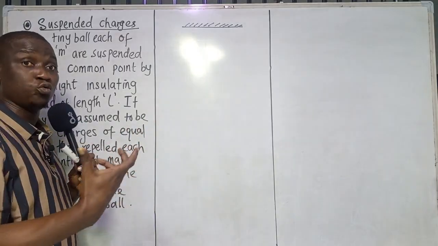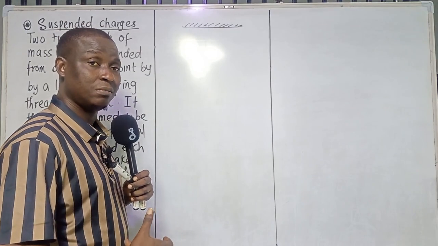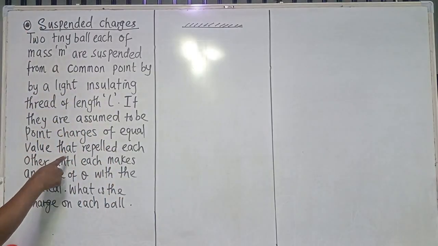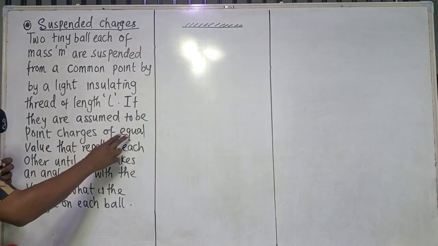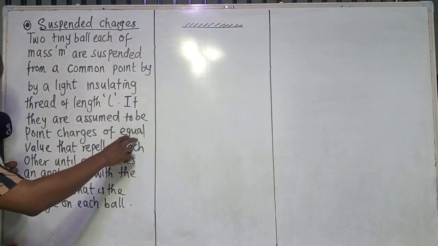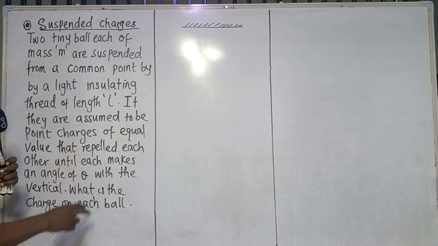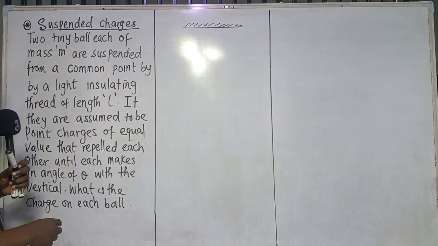When you suspend two charges that are equal in magnitude, they must also be like charges, because if they are not, they will not repel, since like charges repel. So apart from being equal, they are also like charges.